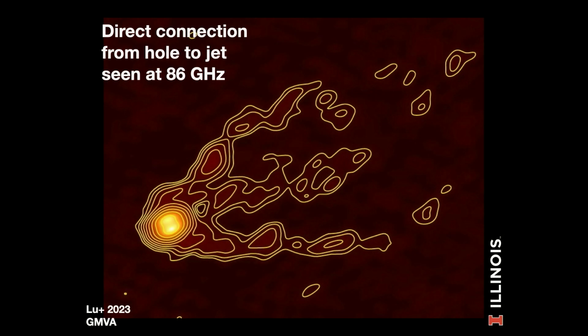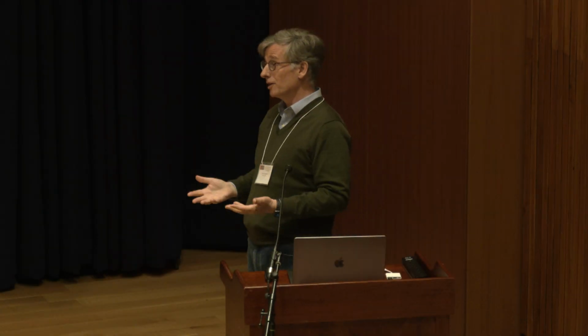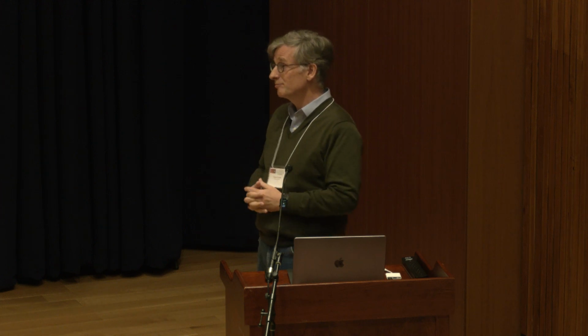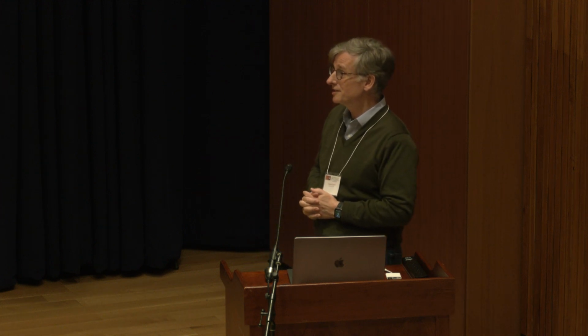Remember this jet is tilted at sort of 20 degrees to our line of sight, so we're looking at a region that covers hundreds to thousands of GM over C squared away from the hole. You can see that it's not very well collimated in this region, and this is really the region that we can model most reliably in M87.